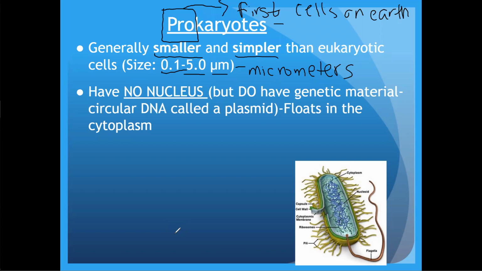So prokaryotes have no nucleus, but they are living. They do have DNA. It's circular and it's called a plasmid, and it just floats around inside the cell. It's not protected or anything.